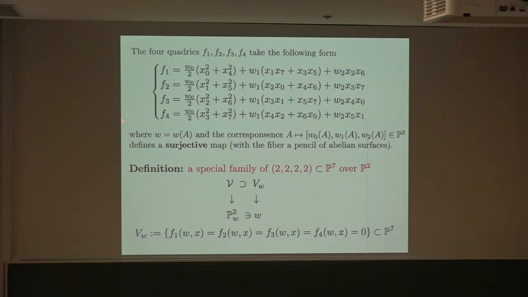Then we have four modular equations, which define inside P7 a complete intersection Calabi-Yau 3-fold. The V omega is this locus inside P7, but this is singular.